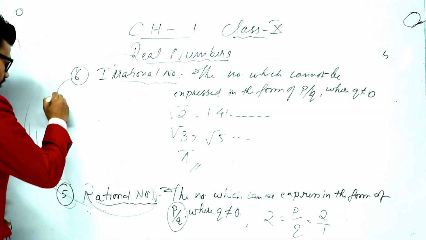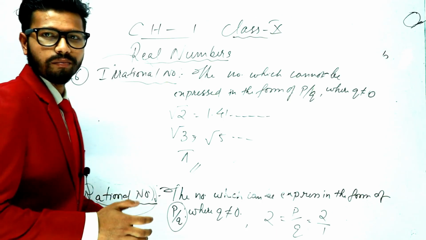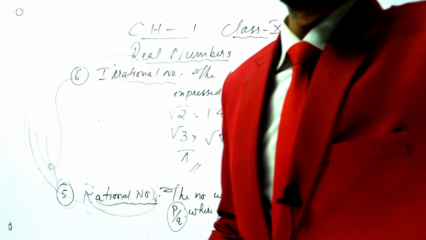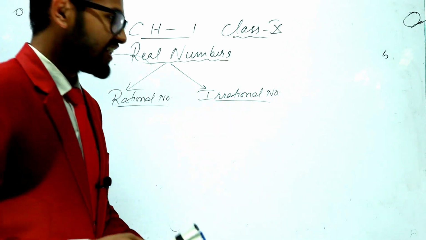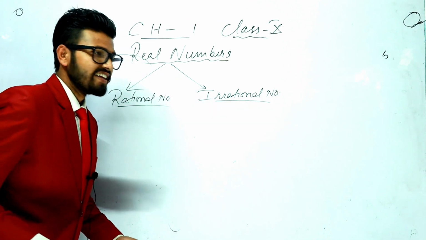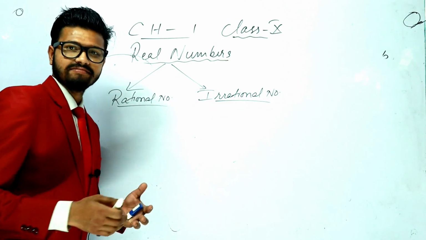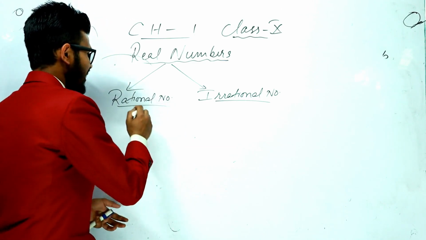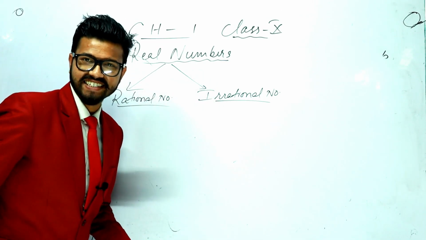Now let me write. What is a real number? It is the godfather of both rational and irrational numbers. So we can say that the real number comprises two kinds of numbers, a rational number and an irrational number.